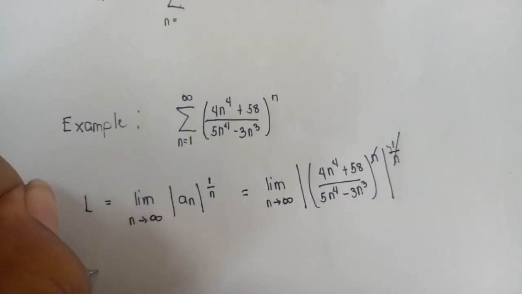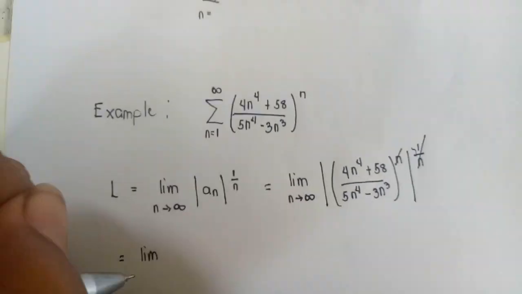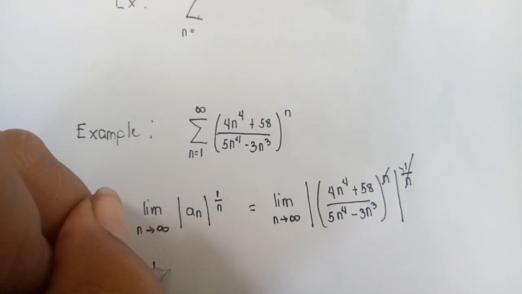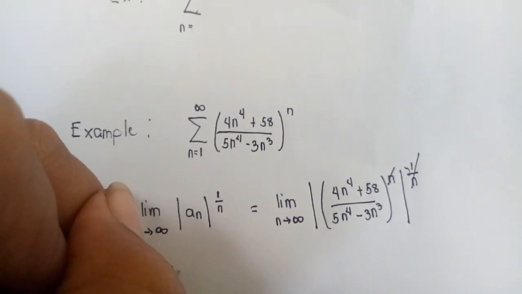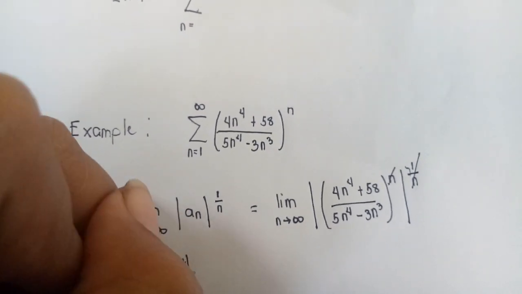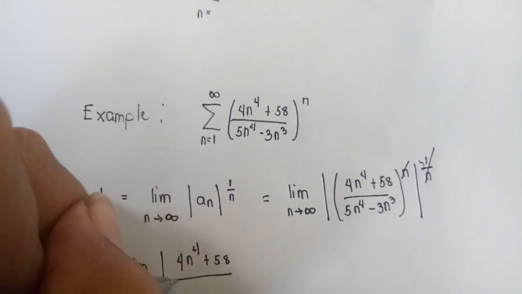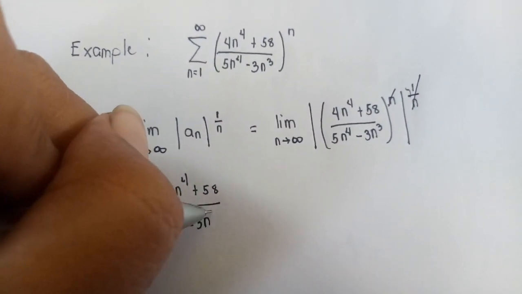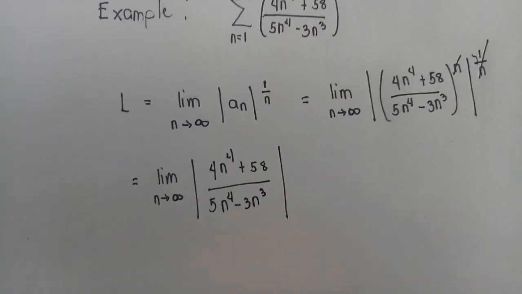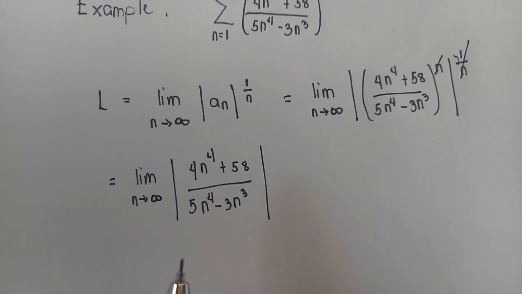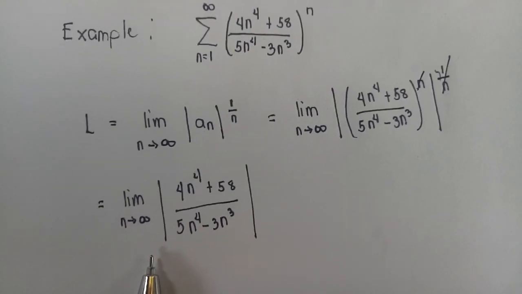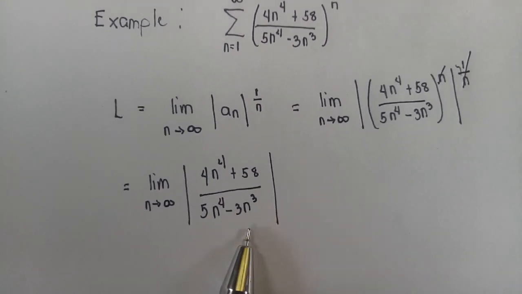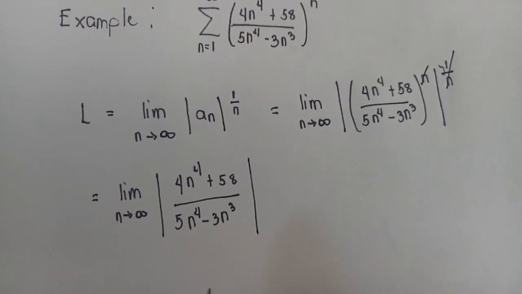So we will have the limit as n goes to infinity of the absolute value of 4n to the power of 4 plus 58 divided by 5n to the power of 4 minus 3n cubed. So all we have left is just this limit, which is not yet our answer.